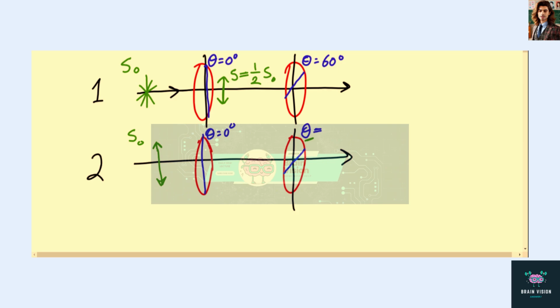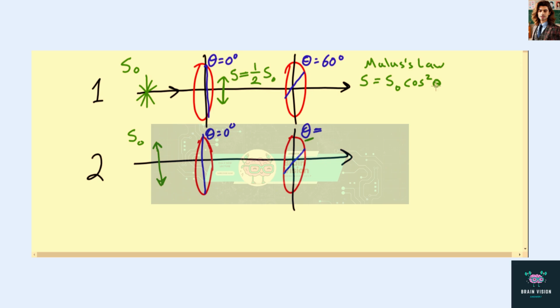Here it does matter what that angle theta is, because our polarized light will reduce in intensity relative to that change in the transmission angle. And that's based on Malus's law, which you may recall is the intensity is equal to initial intensity times cosine squared theta, where theta is the relative difference in the transmission angles.